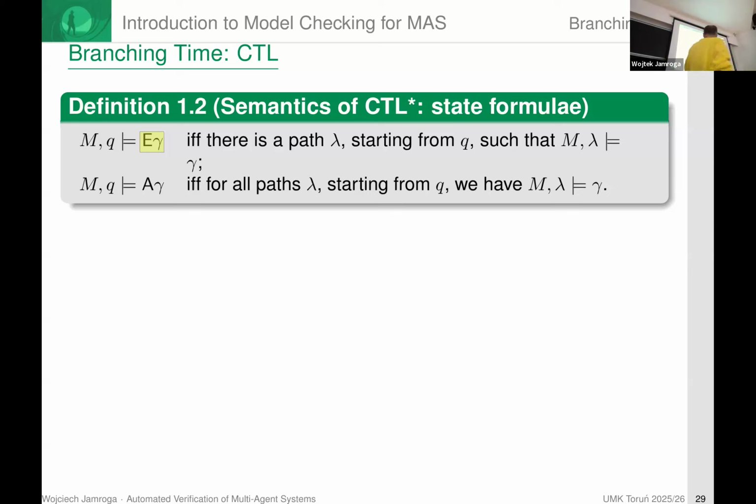And dually, for all paths says that for all the infinite sequences of states starting from q, gamma indeed holds on that sequence of states.